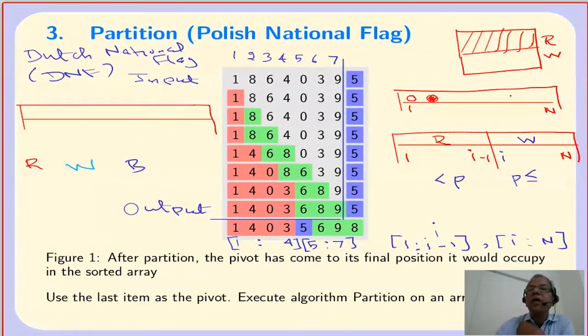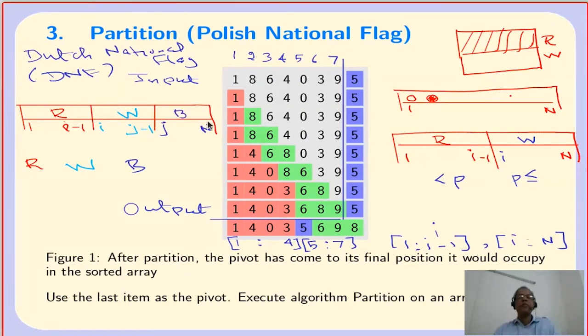You have to partition the array into three subarrays. 1 to i minus 1 is red, i to j minus 1 is white, and j to n is blue.